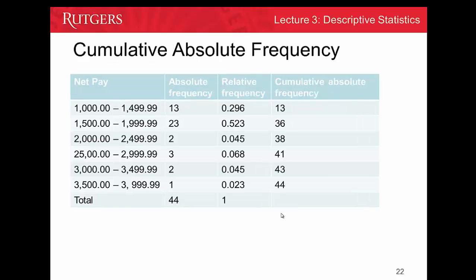Then another frequency that we haven't covered in the qualitative data is the cumulative absolute frequency. This table includes the cumulative absolute frequency. Compared to the absolute frequency, which just calculates the number of records for each class, the cumulative absolute frequency doesn't show the absolute number of records for each class.